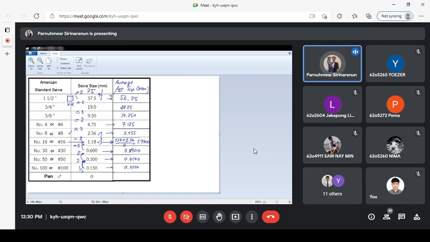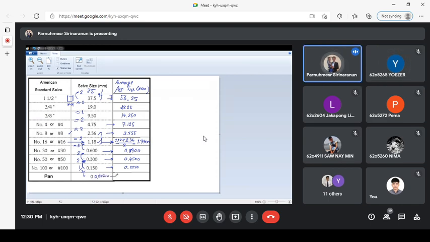So when you would like to compute the aggregates that are retained on the pan, not retained on the sieve, by the same concept, the smaller size than sieve number 100 should be what? A half. Yes. What should it be? 0.075. Yes, 0.075.